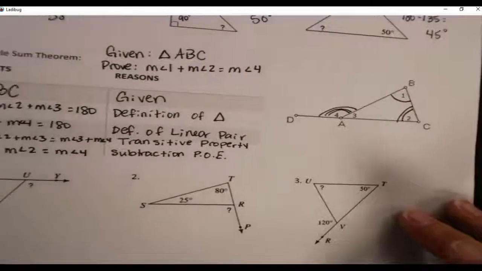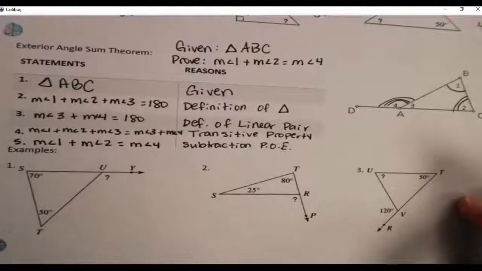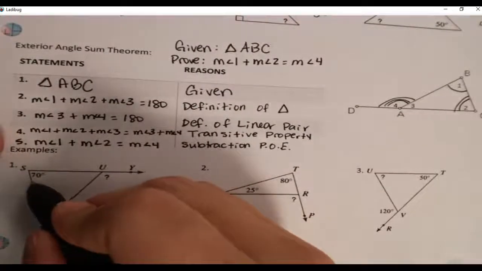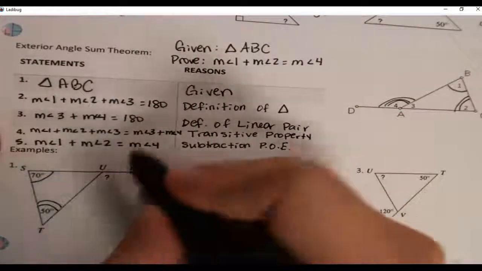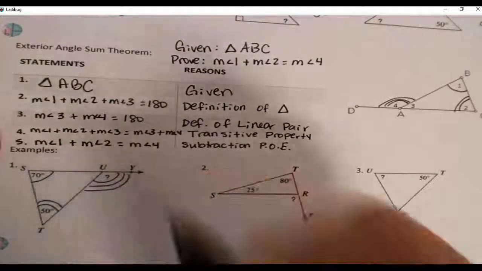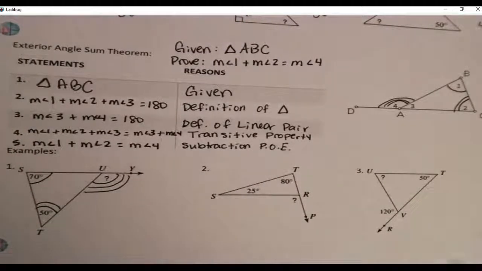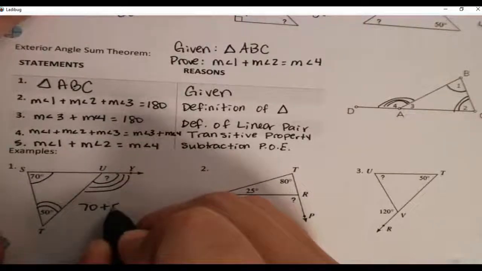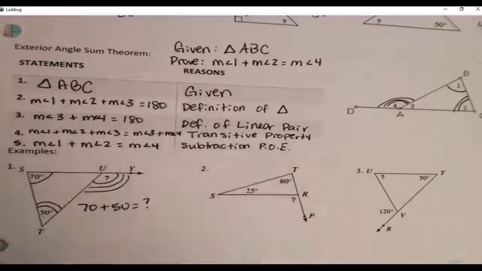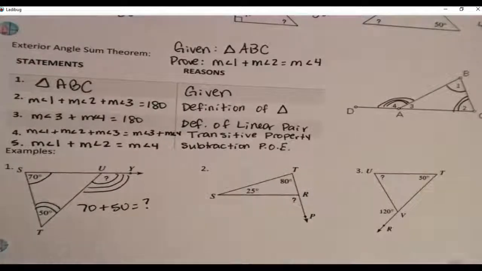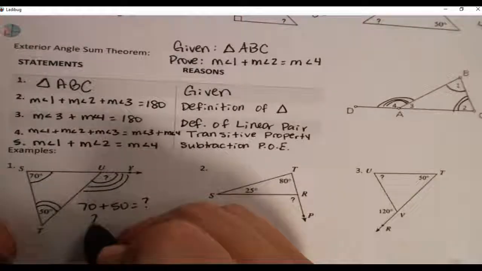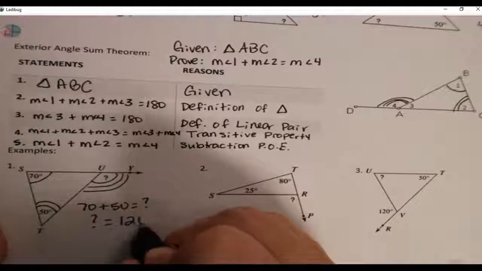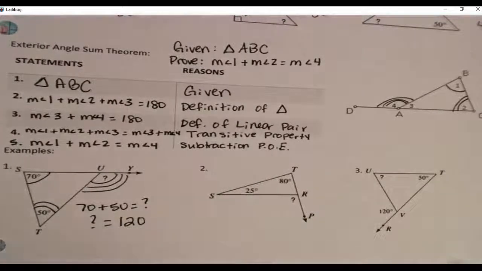Okay. So if we look at number 1, here we've got S and T, and they're going to add up to equal that outside U. So I just have to say 70 plus 50 equals the question mark. That's it. So our question mark is 120. That's it.